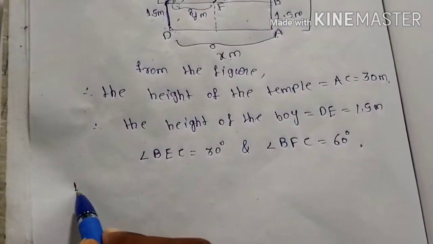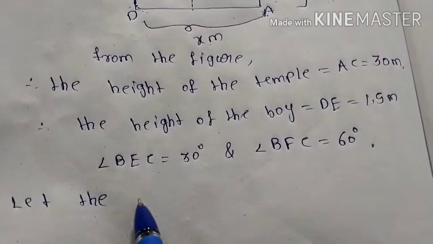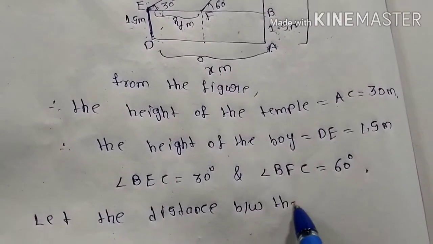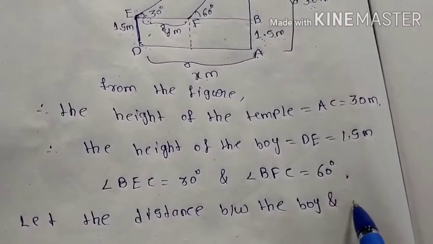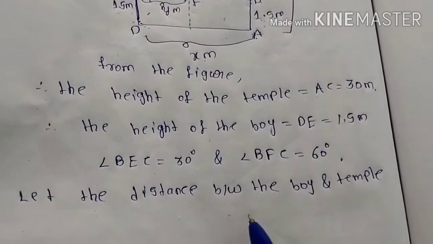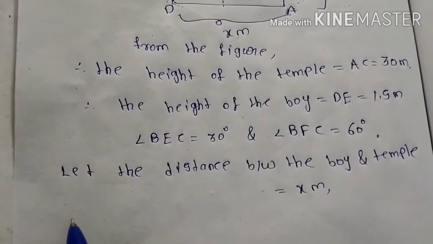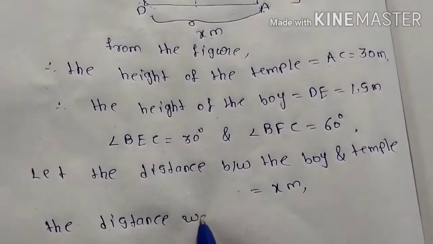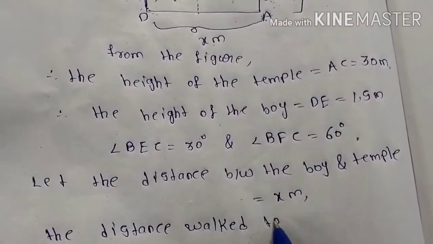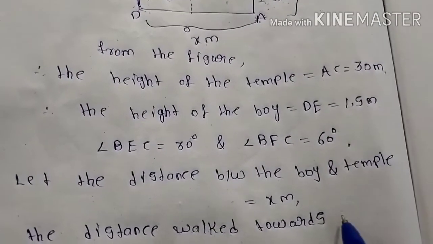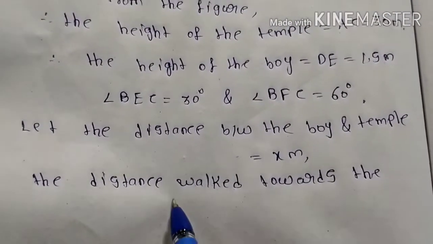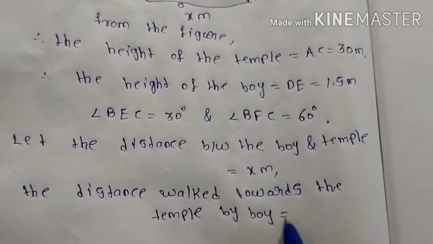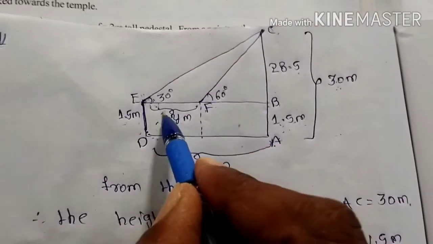Next, let the distance between the boy and the temple be x meters, and the distance walked towards the temple by the boy be y meters.